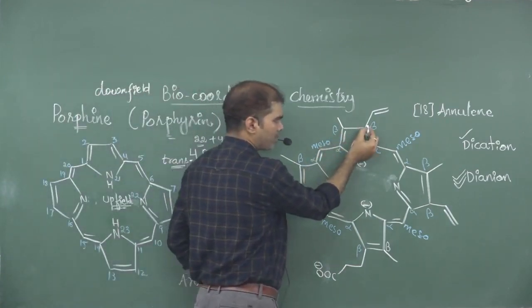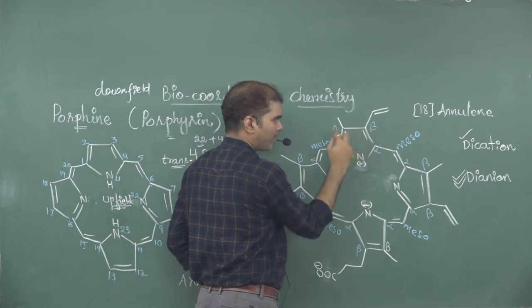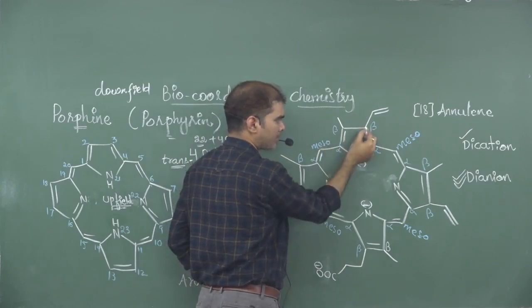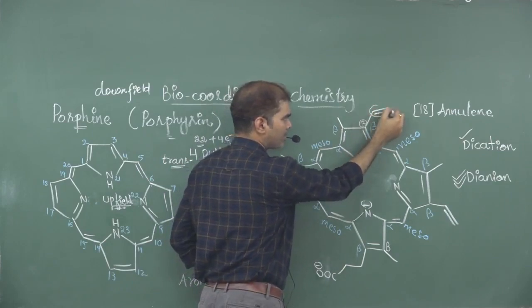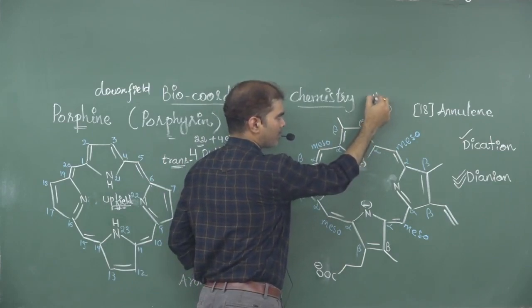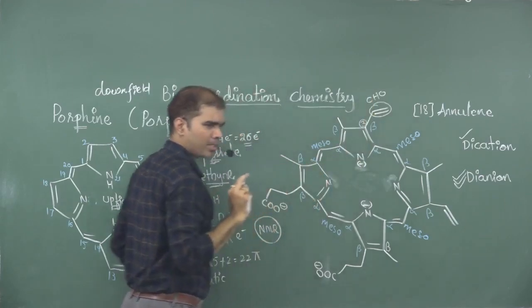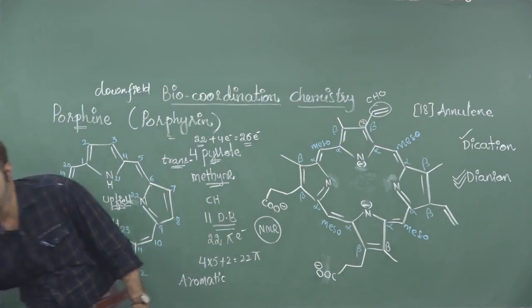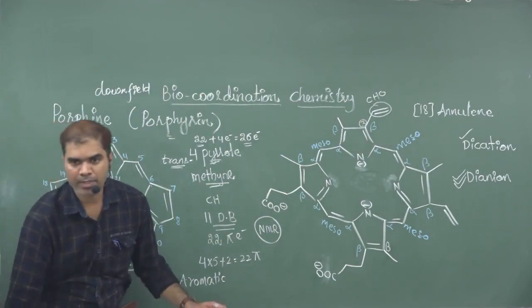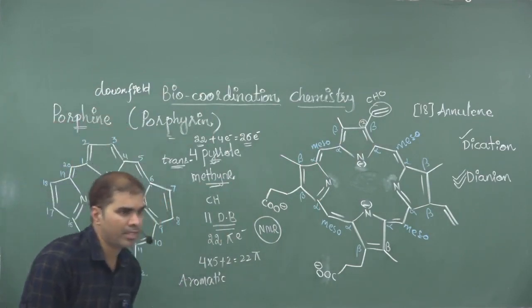Which position is this? Beta, but numbering? Third. At third position, suppose I am replacing this group by a CHO group. Does it make any changes within the pigment? Does it change any chemistry?